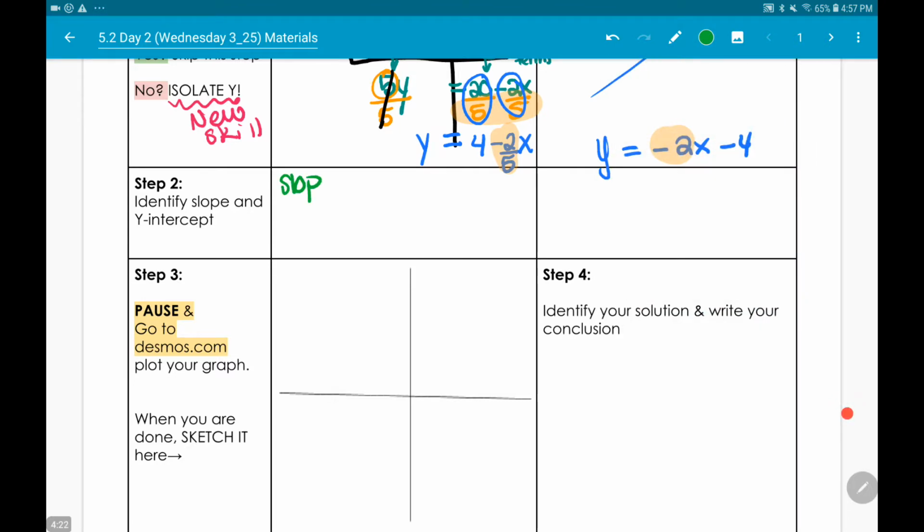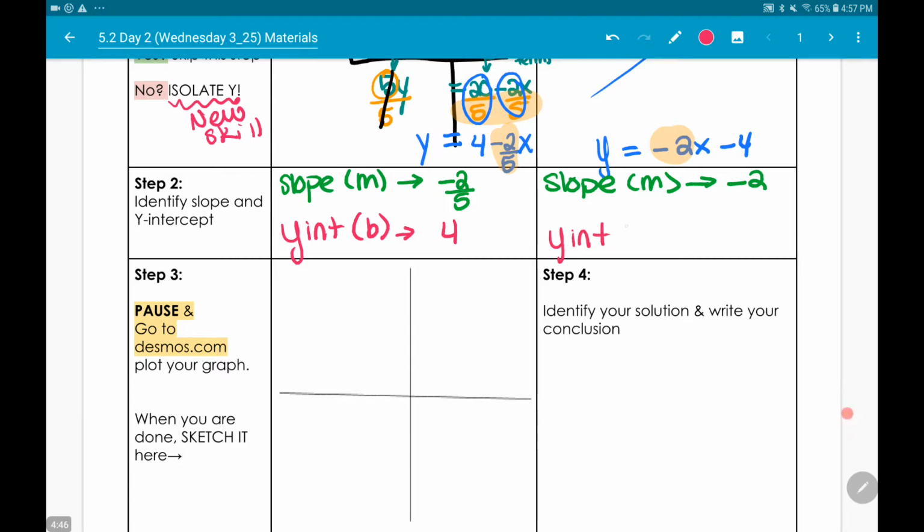So my slope, or my m in this case, is negative 2 over 5. And my slope in this one is negative 2. All right, moving right along. Y-intercept is 4. That's the number by itself. And my y-intercept here is negative 4.